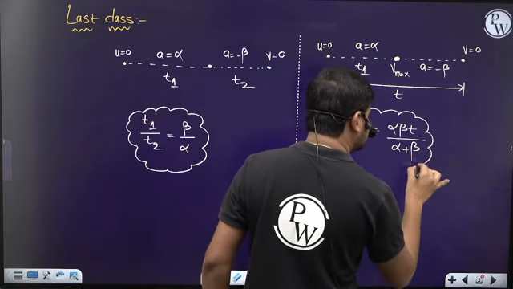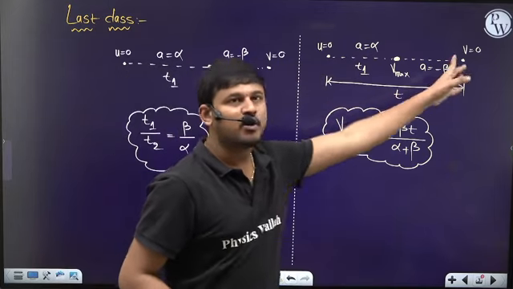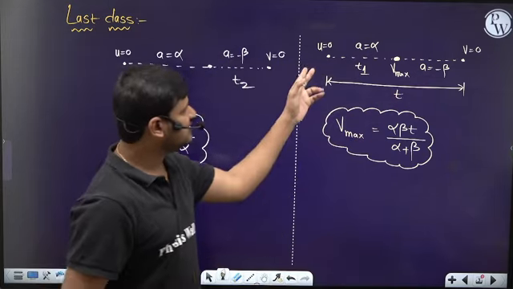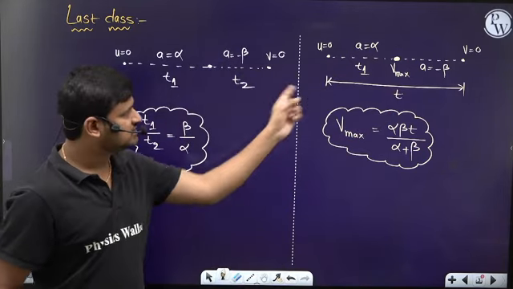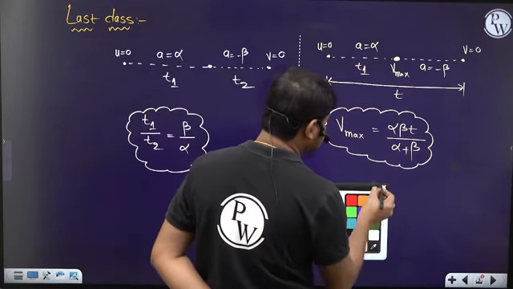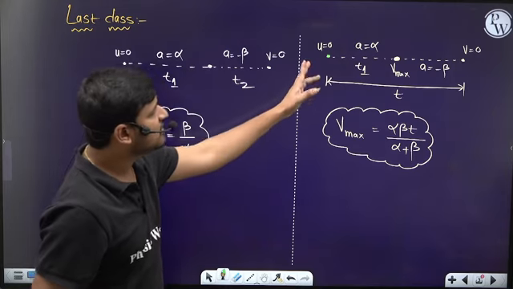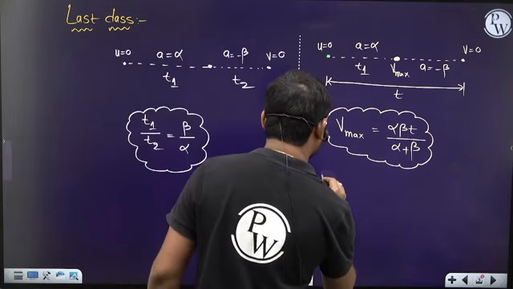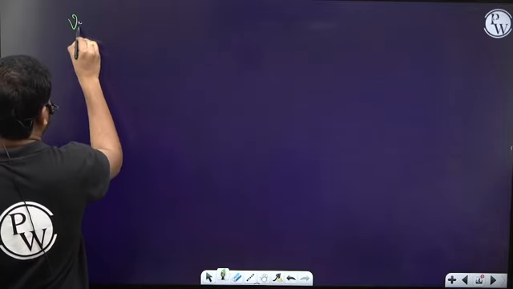Now my question is: find how much distance the body has traveled in this situation. That's my question. To find the distance, let's draw the velocity-time graph for this situation.